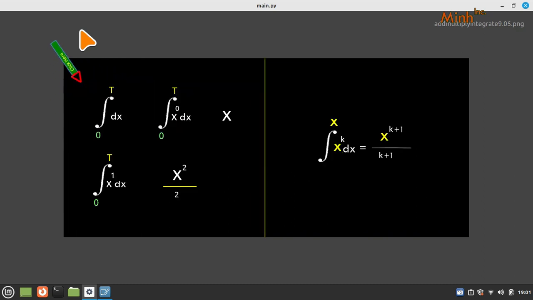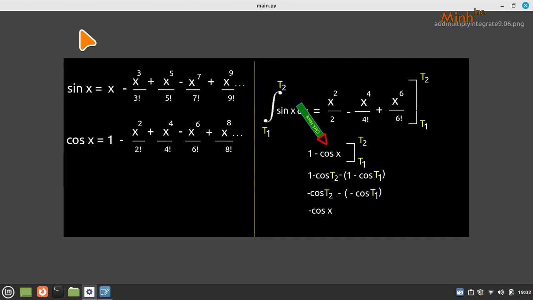So we can see we started with a constant, a rectangle, and we came to a formula, started with a triangle and we came to a formula, which led to a kind of common formula. With that we calculated for sin x and cos x. So this is the integration. This way we can find it for exponential, logarithmic and many other things.